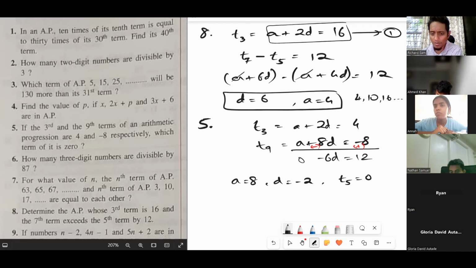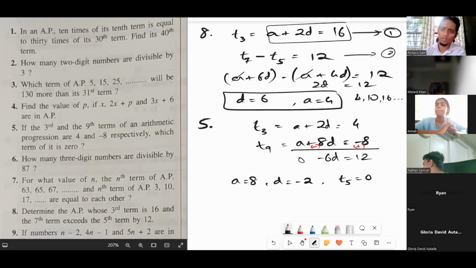Here 6D minus 4D, that is 2D is equal to 12. So D is equal to 6. Directly you're getting D from the second equation. And then we substitute that value of D in any one of the equations. So substitute in the first equation, you'll get A.